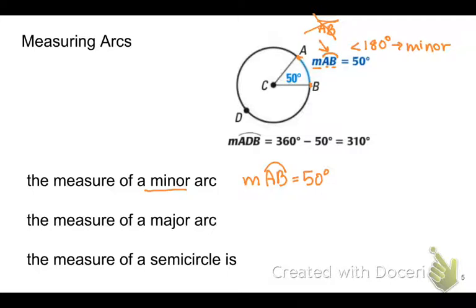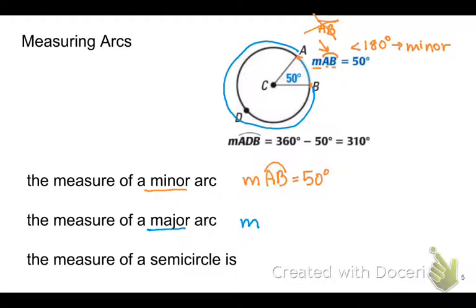Now, the major arc. Let me change colors. Measure of a major arc. So here is our major arc. The way you write a major arc is that you write the measure, and to write a major arc you need three points.